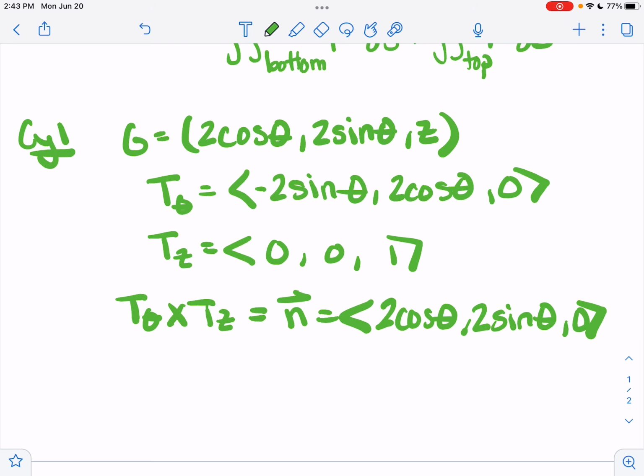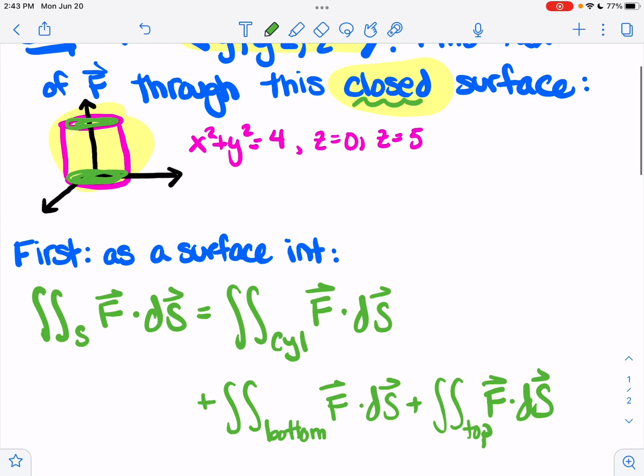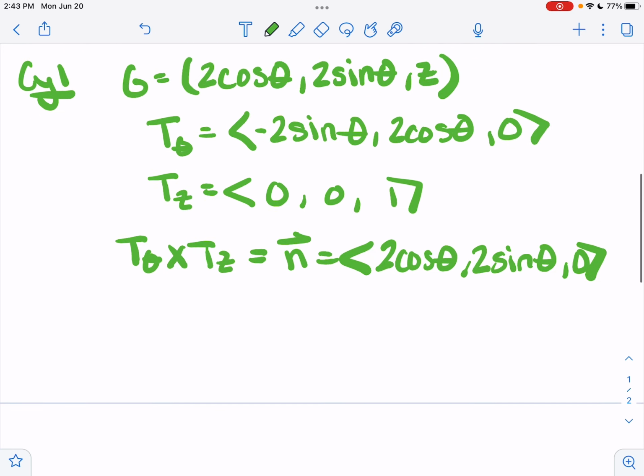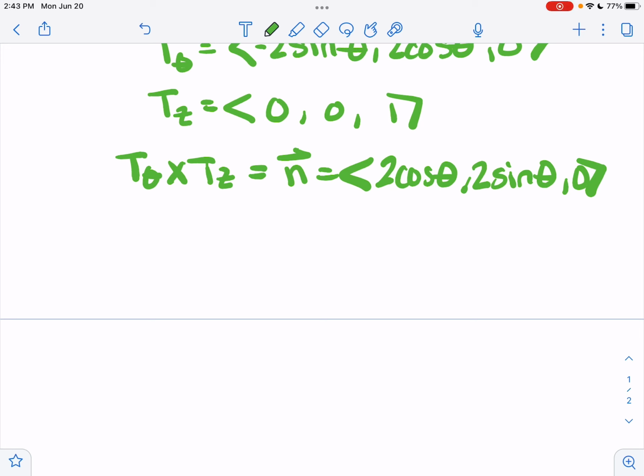That 0 on the z component makes sense if you think about the normal vector out the side. It is flat. It's not pointing up or down, so the z component should be 0 for the normal vector, and it in fact is. So if we set this up now, our z integral is 0 to 5, our theta integral is 0 to 2 pi.